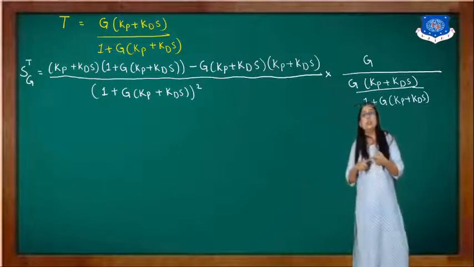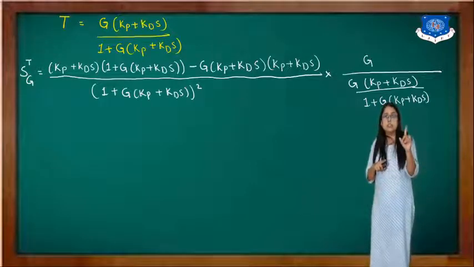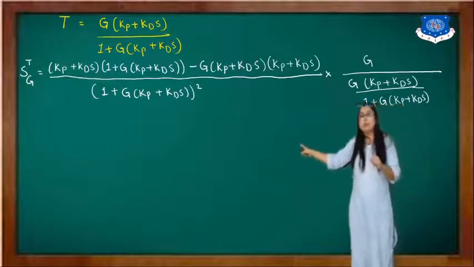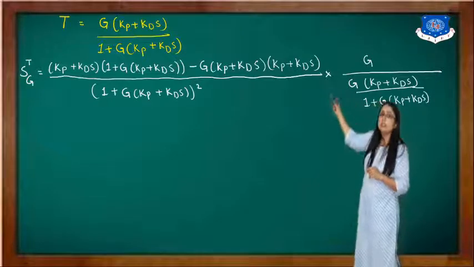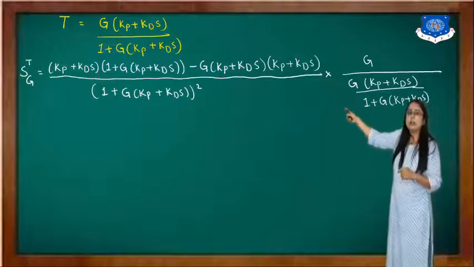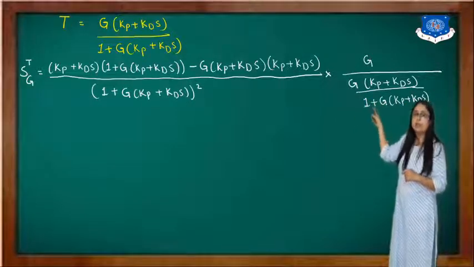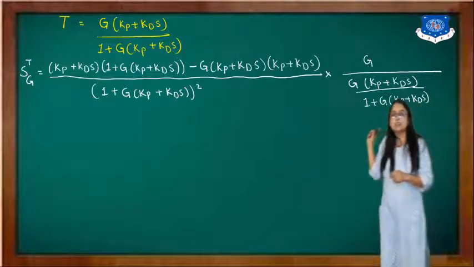Now the denominator differentiation. Differentiation of 1 is 0, of G is 1, so you will get only Kp plus Kds, upon denominator square, multiplied by G upon T. So T is G times Kp plus Kds divided by 1 plus G times Kp plus Kds.